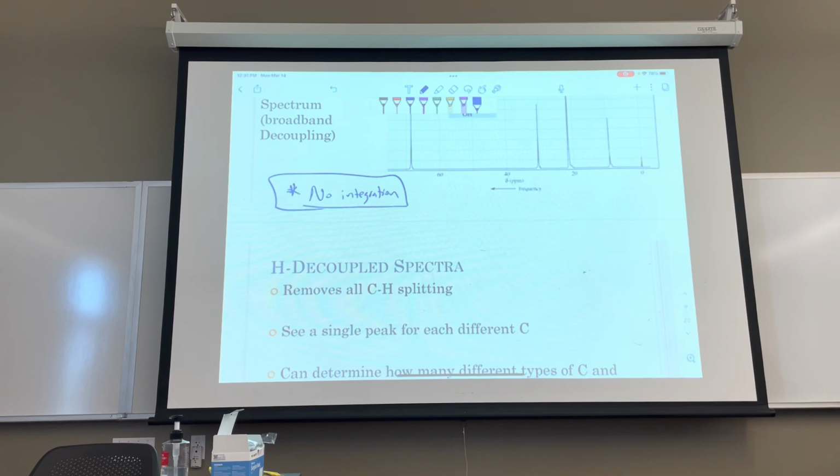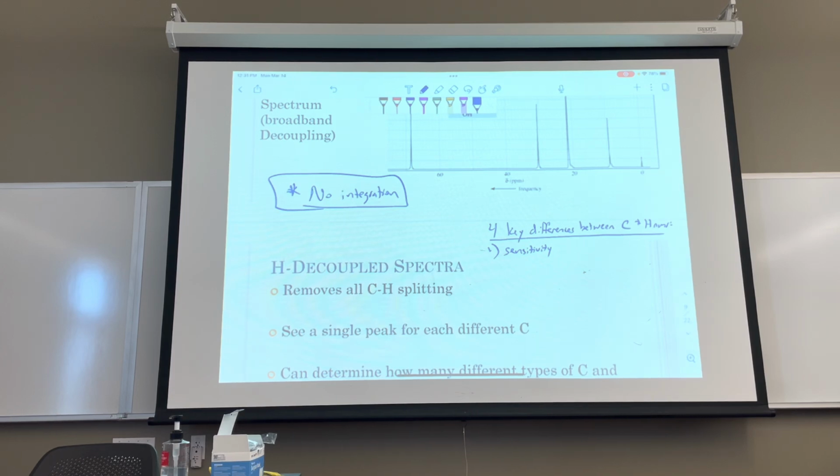And so just to summarize here, the 4 key differences. First and foremost, the sensitivity. Due to the low relative natural abundance of carbon-13 in the universe, carbon-13 is much, much less sensitive than proton.